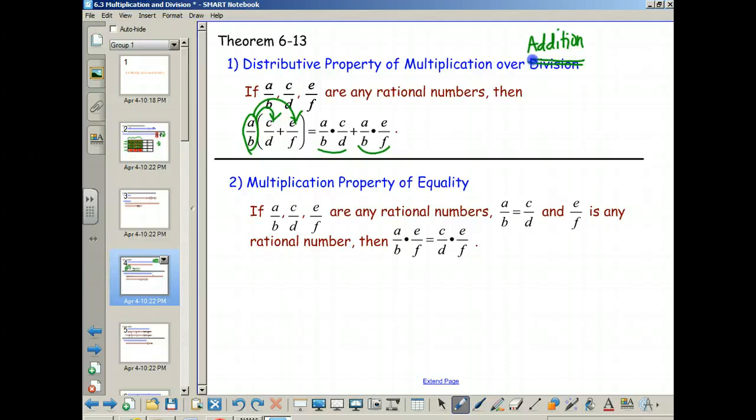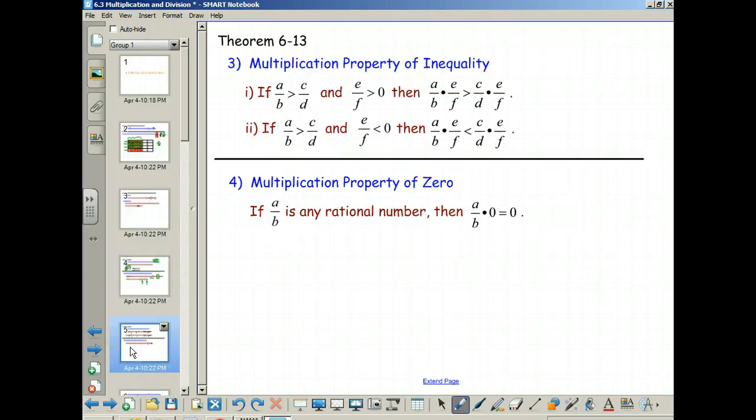The multiplication property of equality simply says that if I have 2 values that are equal, and I have a third value, e over f, any rational number, I can multiply each of my 2 original numbers by the number e over f, and they will also still be equal. Inequality is very similar.